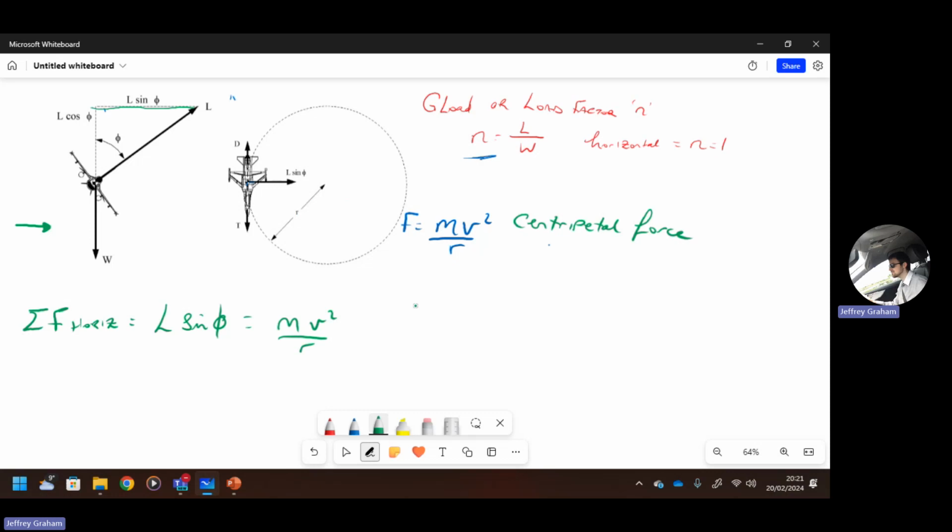Right, and the third one, very quickly introduced, is the same equation, same centripetal force, but in terms of weight. Remember, mass times gravity equals the weight. So that equation can be written as the weight times the velocity squared over gr.